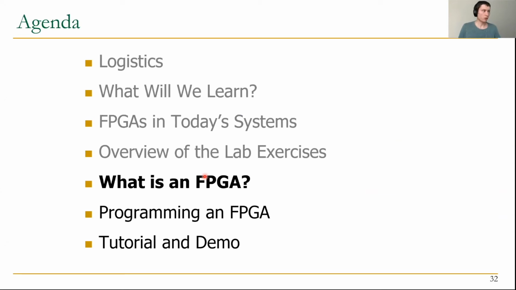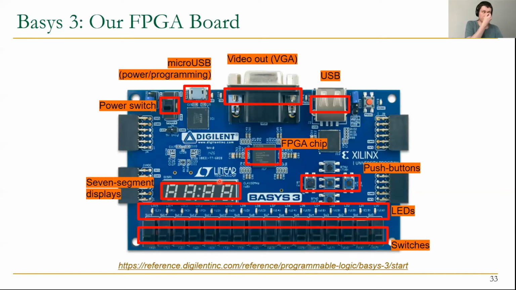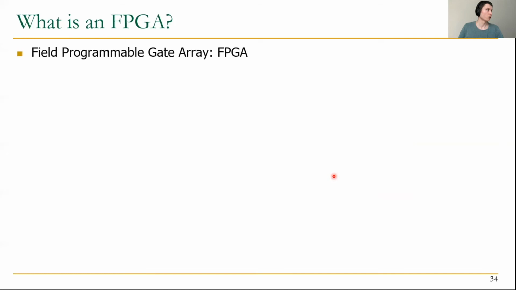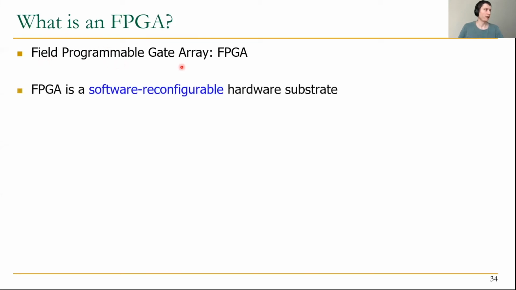Cool. So I will keep moving, and in the next part we will discuss a bit more about the FPGAs, and I will tell you what an FPGA is finally. So this is the board again that we'll be using, and the FPGA is this little chip over here. FPGA stands for Field Programmable Gate Array, and an FPGA is a software reconfigurable hardware substrate.